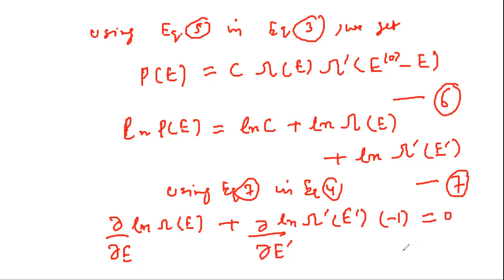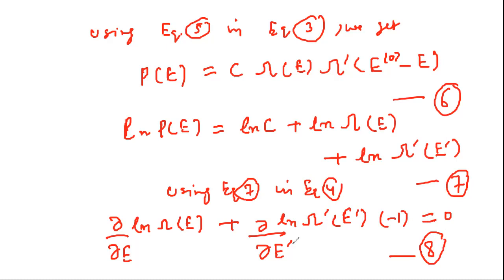I name it equation 8. What is it? ∂/∂E of ln of sigma of E plus ∂/∂E prime of ln of sigma prime of E prime times minus 1 is equal to 0.